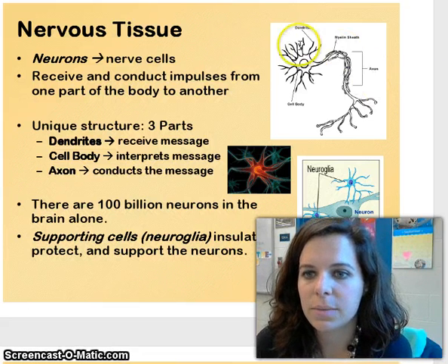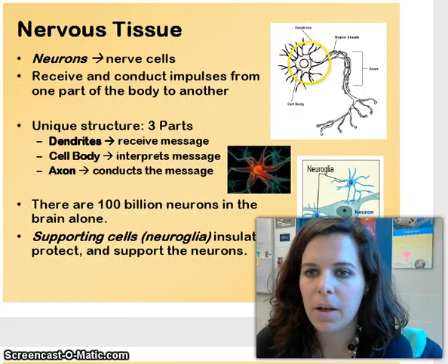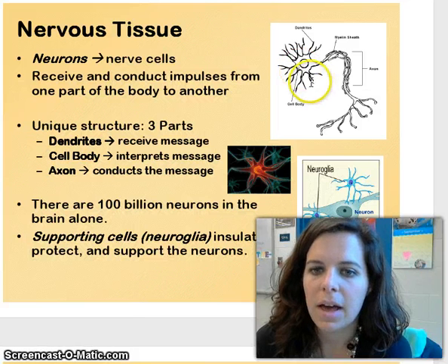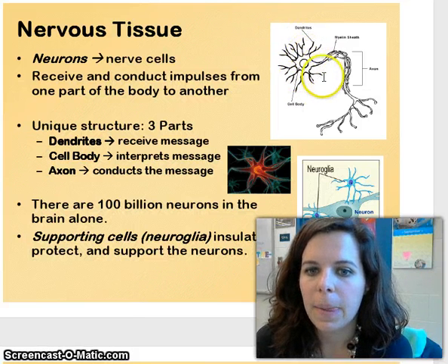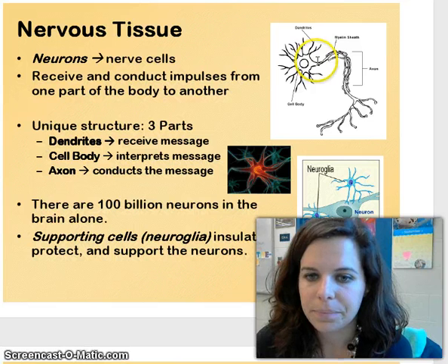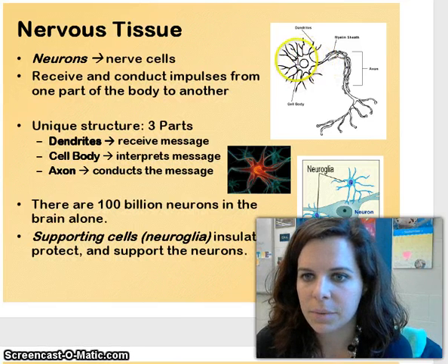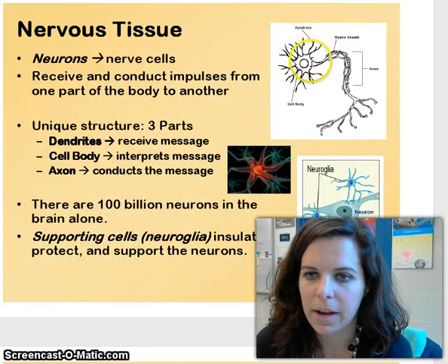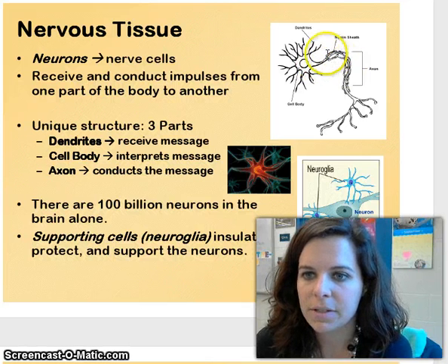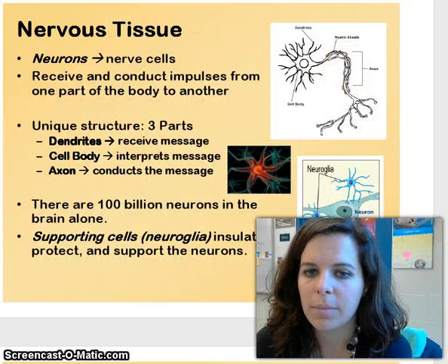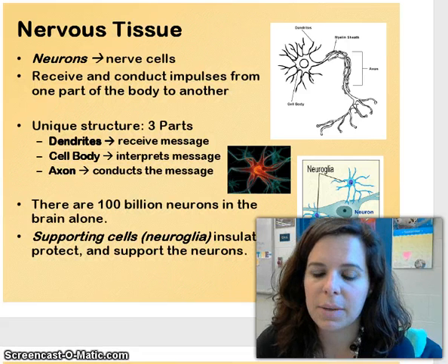There's dendrites, which are the small offshoots off of the nucleus, and they receive the message up here. Then there's the cell body, which interprets the message, which is here, the nucleus area, and then the axon, which is this whole long part here, which is going to conduct the message or bring it somewhere else.